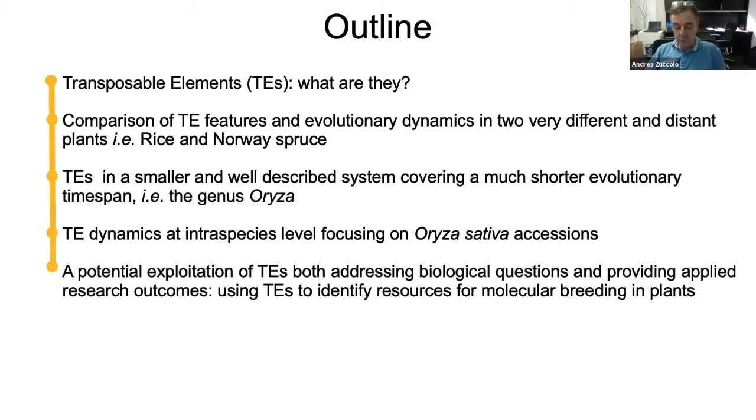From there, I will move to a smaller and well-described system covering a much shorter evolutionary time span, that is the Oryza genus. And then I will zoom in to TE dynamics at intraspecies level, focusing on Oryza sativa accessions.